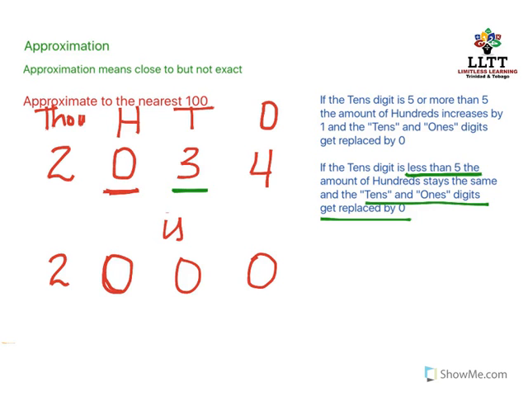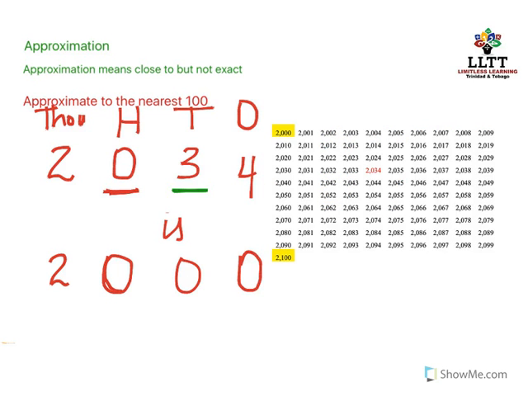Okay, so let's look at a chart to see how that looks. Our chart starts from 2000 and then we put in the next 100 numbers, so 2000 to 2100. And what we're looking for is 2034. That's right here. It's already highlighted.